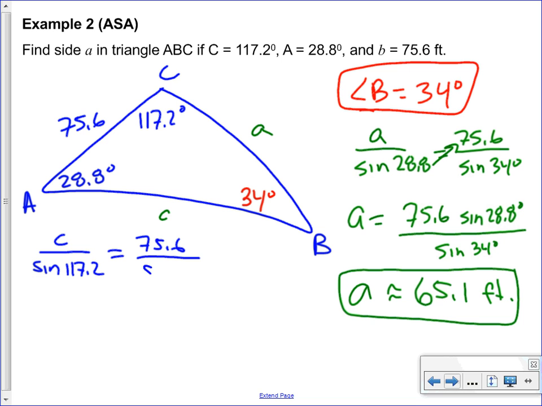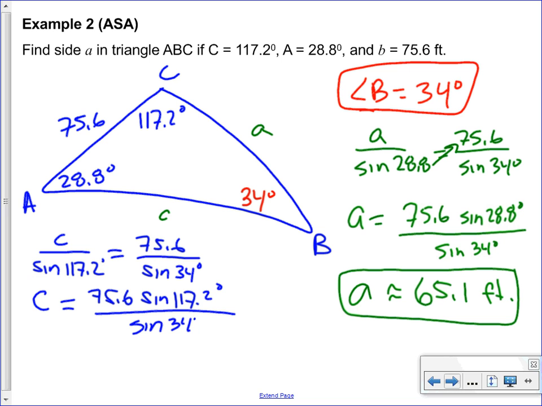Sine 34, right? So C is 75.6 times sine 117.2 divided by sine 34, which is about.